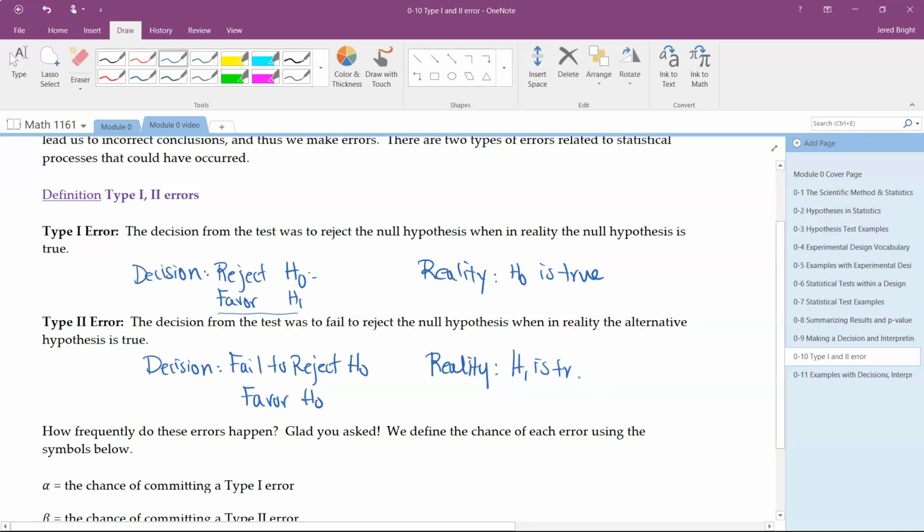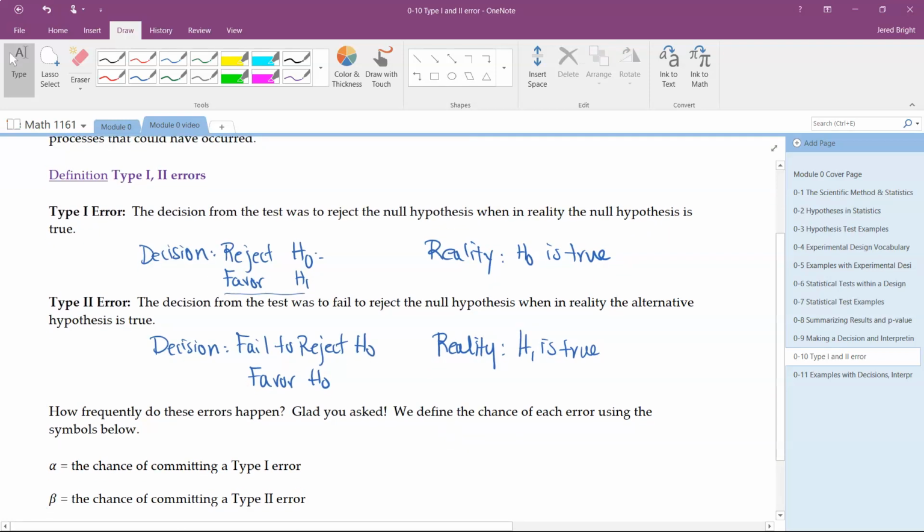So again, there's that mismatch: based on our statistical findings we think the null is the better option, when in reality the alternative is the better option.